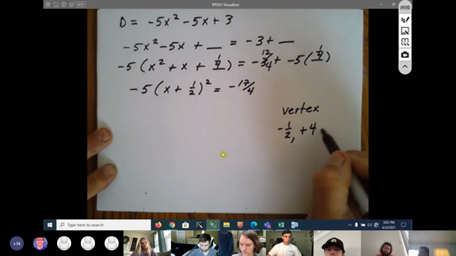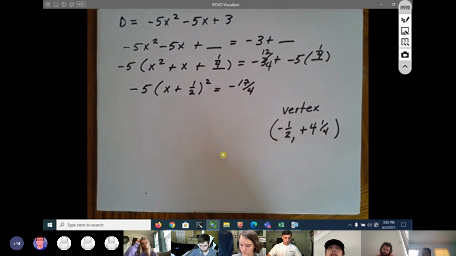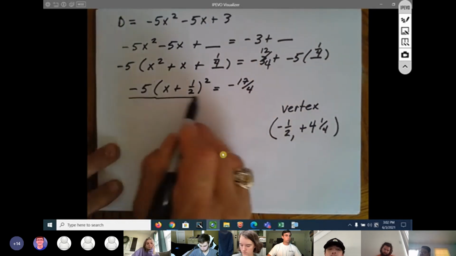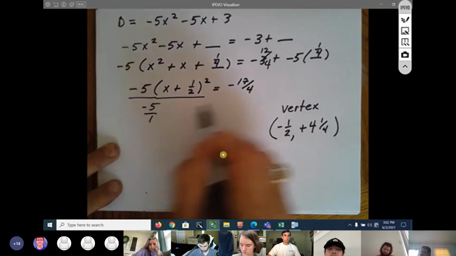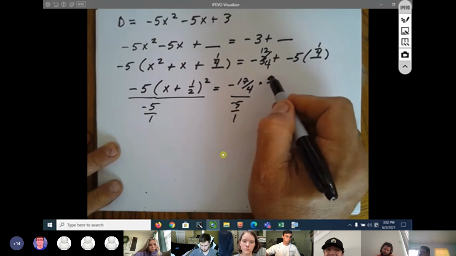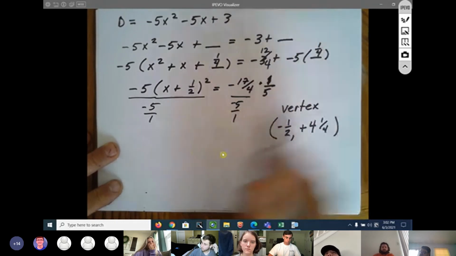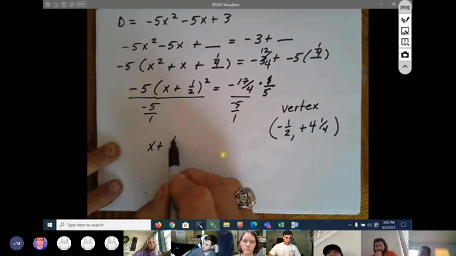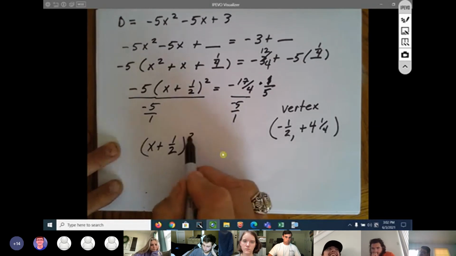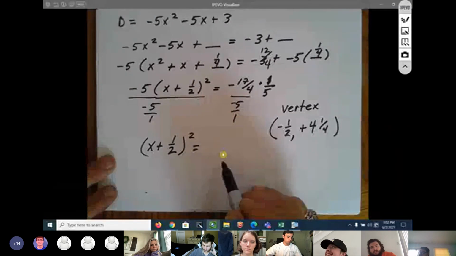Positive 4 and 1/4. Y'all check my math on that. Divide by negative 5 over 1, which is multiplying by negative 1 over 5. That's going to give us x plus 1/2 quantity squared is equal to, crap, negative 17 over 20.